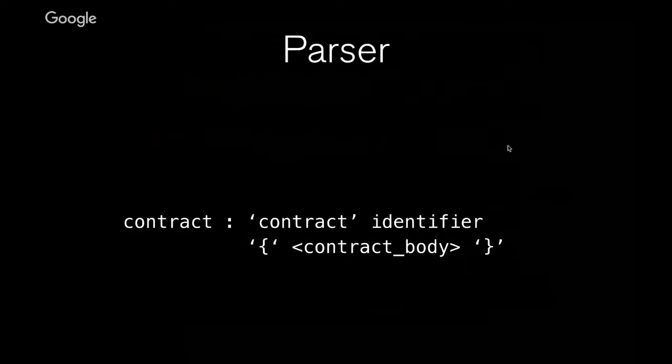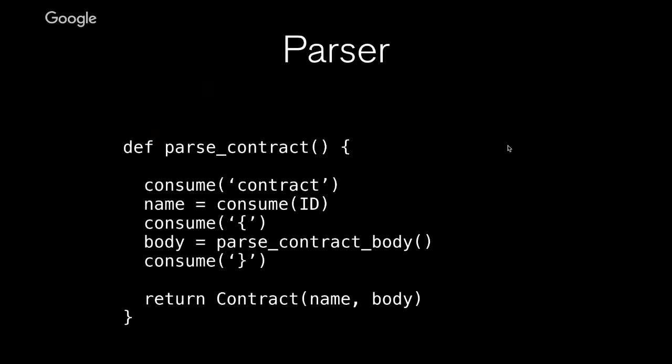So that's a rule in this parser, but what we are actually going to see in the code is it's represented as something like this. To parse a contract is to consume a contract token, then to consume the identifier and assign it to the name, consume the open bracket, then go recursively into the child rule for contract body, and then consume the closing bracket.